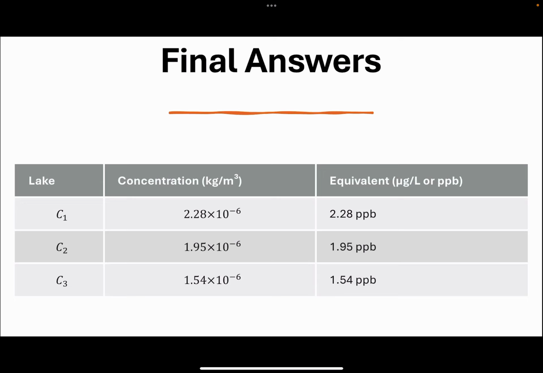Okay, so these are the final answers. The concentration leaving lake 1 is 2.28 part per billion, and the concentration leaving lake 2 is 1.95 part per billion. Concentration leaving lake 3 is 1.54 part per billion. There's a little bit of reduction every time it leaves a lake.